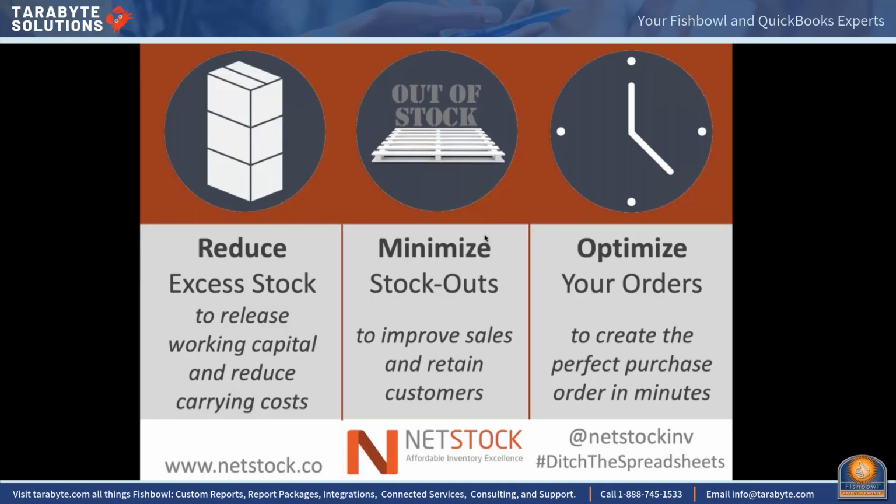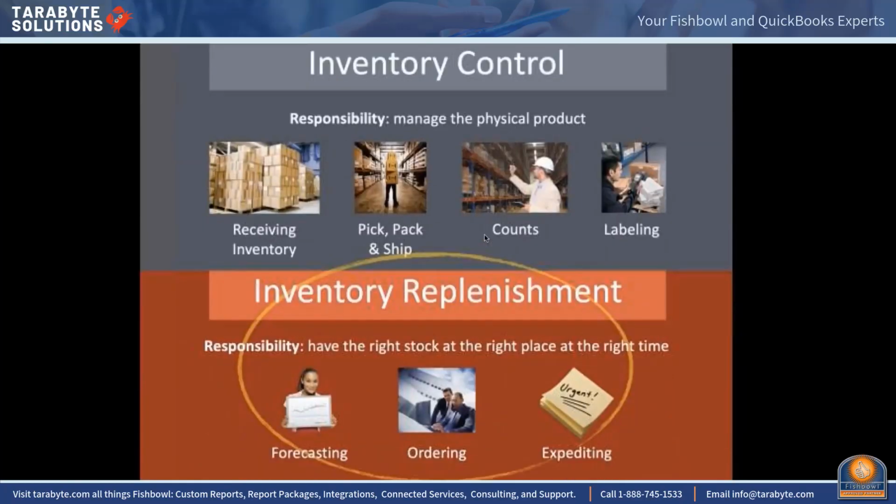But they don't get you all the way to a full best practices where I can really make sure that every time I create a purchase order, that it is exactly what I need to buy at exactly the right time, based on all the factors relative to lead time and performance of my suppliers, what my demand is for those products, when I expect that demand to present itself, and so forth. So these are really the three what we would call value propositions that by deploying the NetStock application, you really get value in the business.